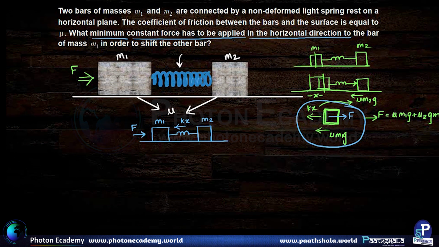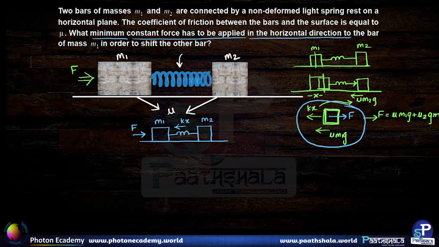Okay. So now the thing is this. The spring has stored potential energy. So not only is the kx force of the spring pushing on both the masses, but the spring also has stored potential energy. And the force F has done some work in order to store that much potential energy in the spring. So the net work done by the force is going to be Fx.